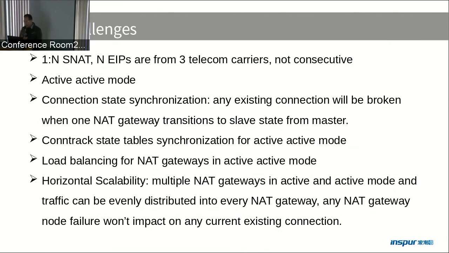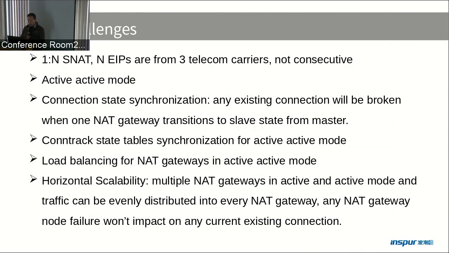For every tenant, they cannot get consecutive EIPs, so we cannot use an IP range to do it. We cannot support active mode because we cannot synchronize the connection track state table between different NAT gateway nodes.